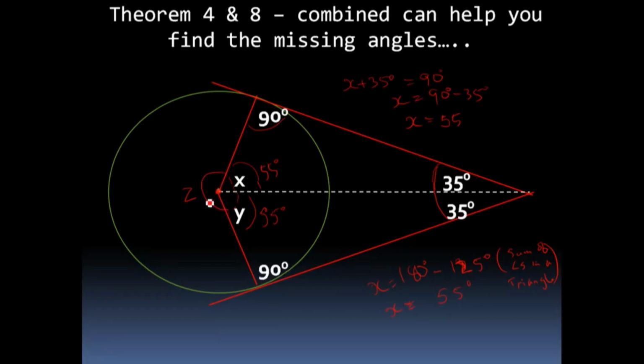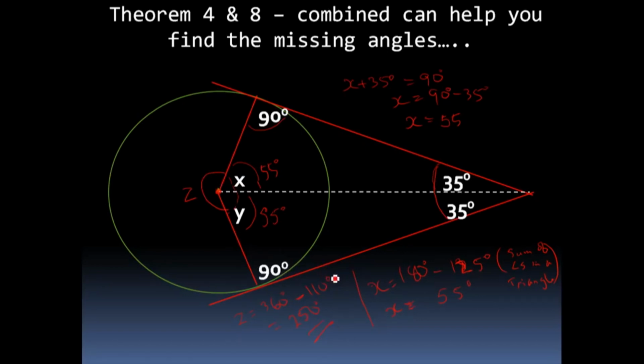And this angle here should add with the 110 to give you 360. So angle Z will be equal to 360 degrees minus the 110 degrees, and angle Z will be equal to 250 degrees. This angle here is 250 degrees, and that will be our answer there.